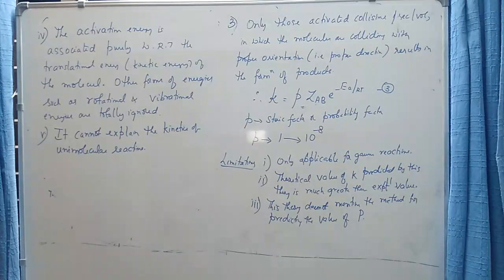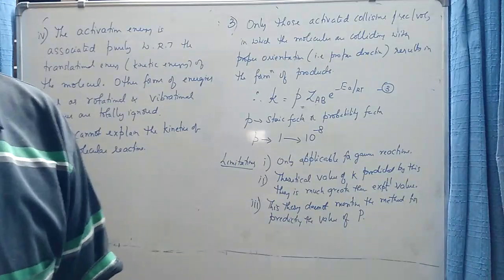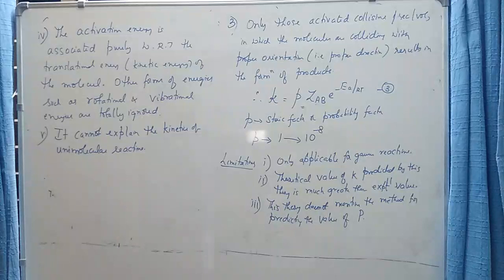Then we will discuss two mechanisms or two theories that were proposed to explain it, namely Lindemann's theory and Hinshelwood's theory of unimolecular reactions. After studying the unimolecular reactions, let us again come back to the transition state theory or activated complex theory.